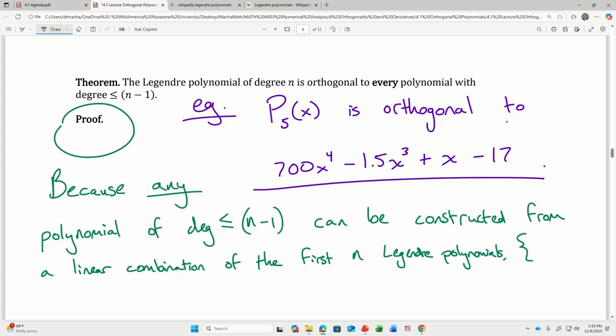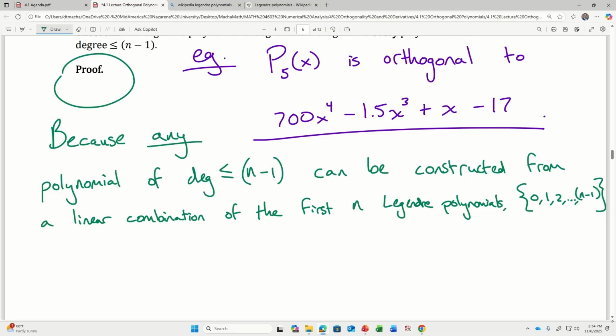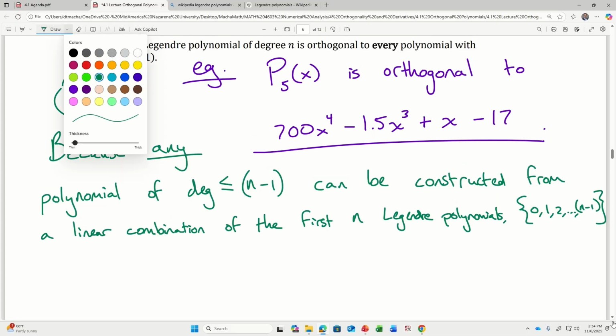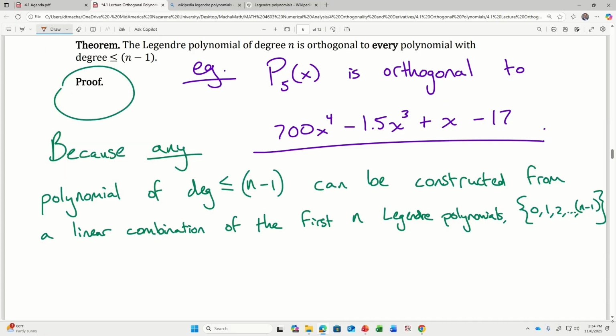That is 0, 1, 2, 3, dot, dot, dot, n minus 1. And the procedure for constructing that would look like this.